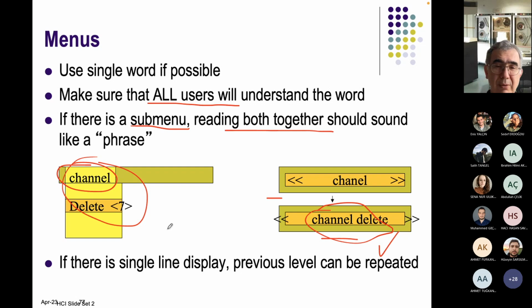If it is a pull-down menu, this is good. When we have a single line display, in the second screen, channel delete should be repeated. But in the pull-down menu, the word channel should not be repeated. Okay? And it should be readable, like channel delete, to the ear.